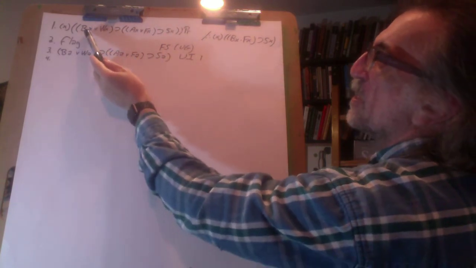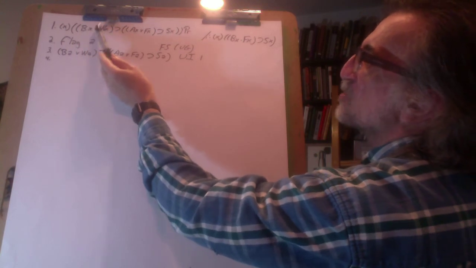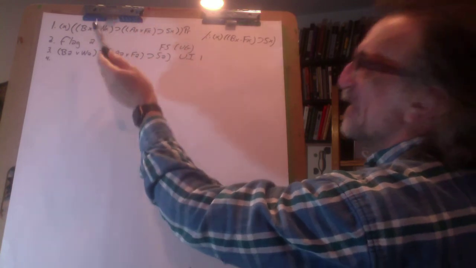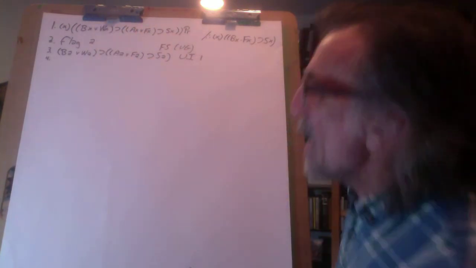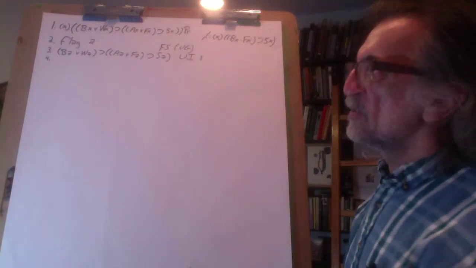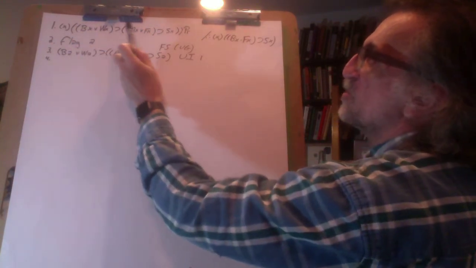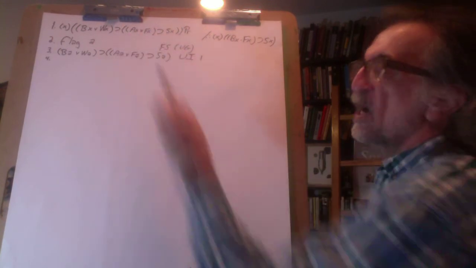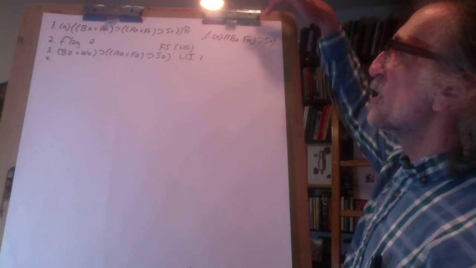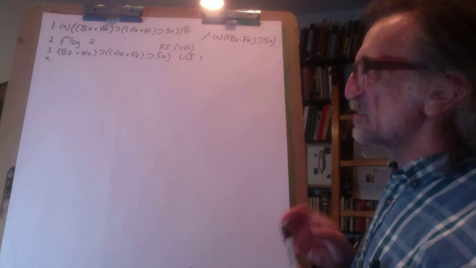For all x, if Bx or Wx, then if Ax or Fx, then Sx. Okay? So the antecedent to the main statement is Bx or Wx. The consequent is itself a complex conditional statement. And then the conclusion we're seeking is for all x, if Bx and Fx, then Sx.